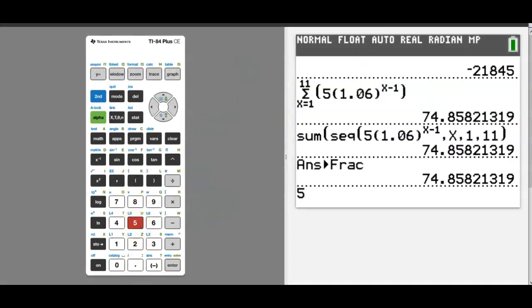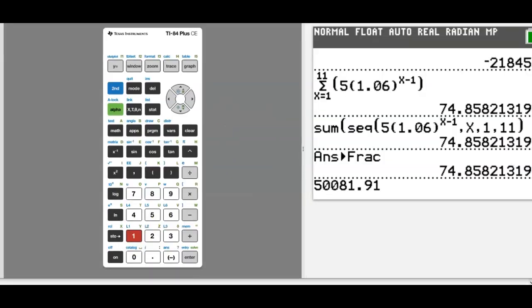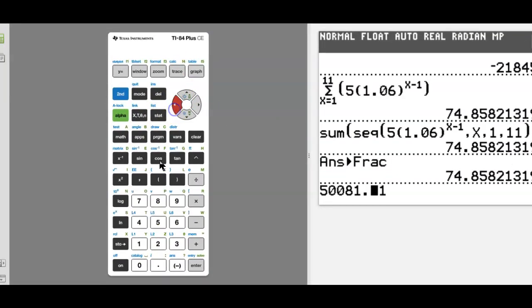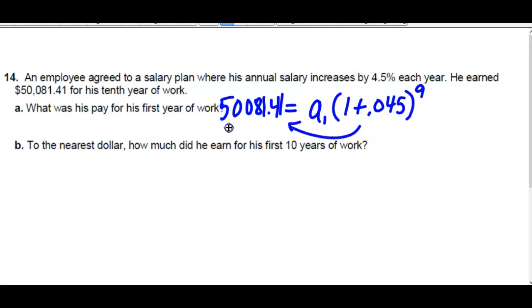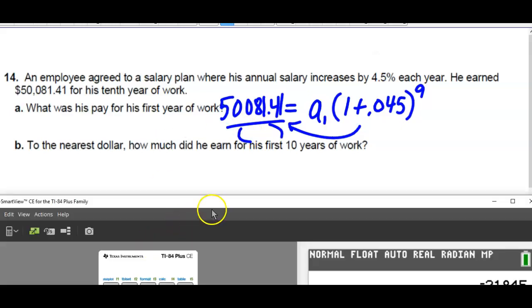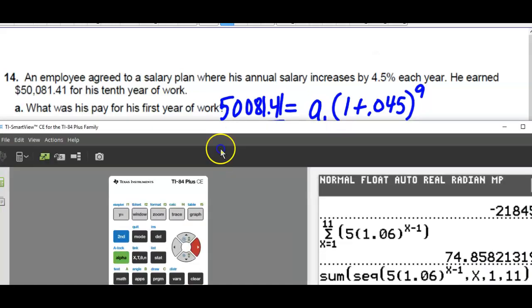So I have 50,081.41. And then I need to divide by all that. So I'm going to say divided by 1.045 to the 9th.